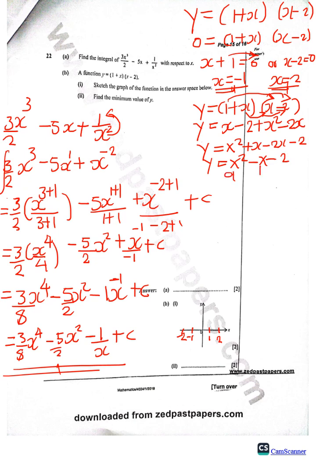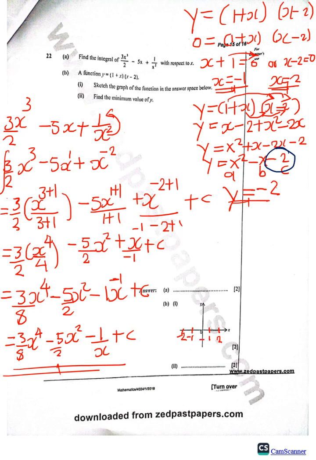So a, b, c. Now for us to find the y-intercept, where there is x, we substitute with 0. So the y-intercept is just the value of c. So you can just ignore the x. So the y-intercept is negative 2.